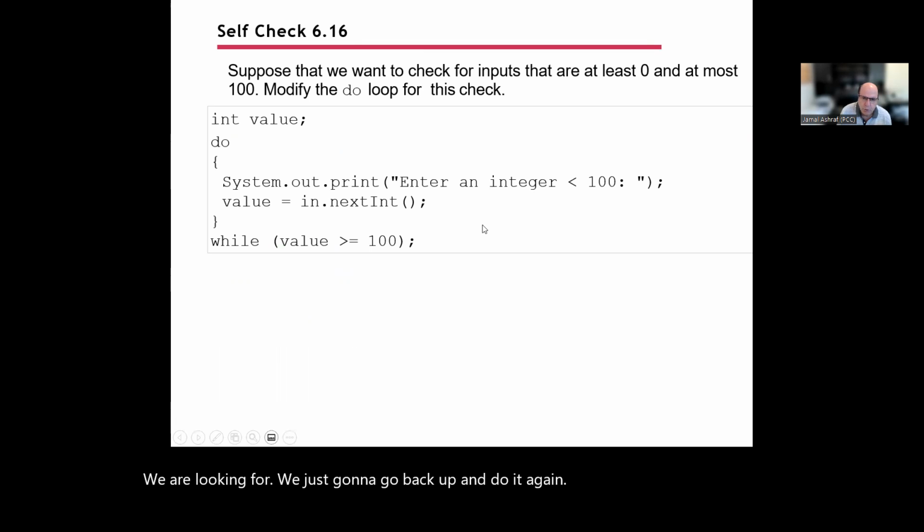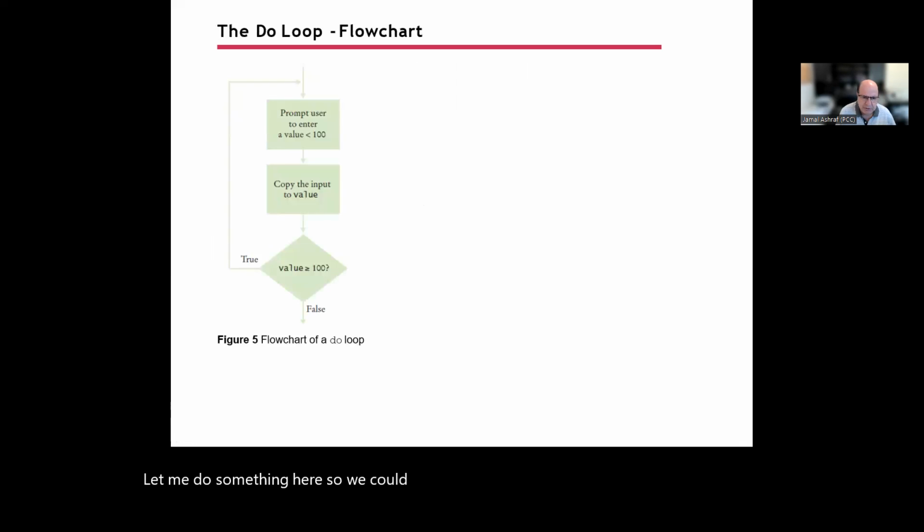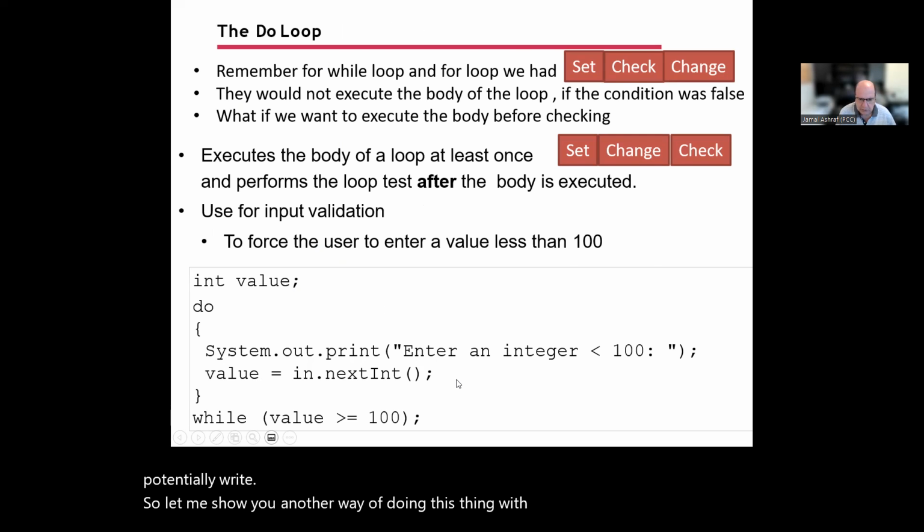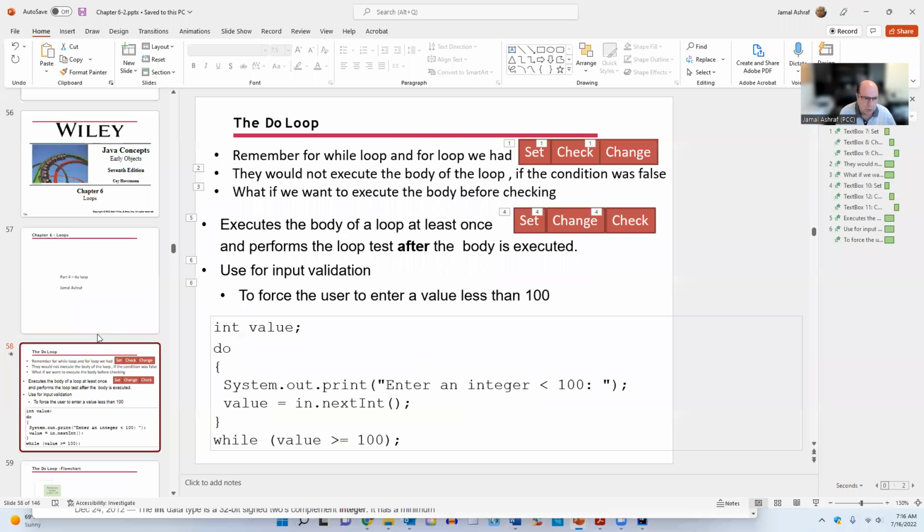Let me do something here. We could potentially do the same thing in the while loop. Let me show you another way of doing this with the while loop that I am used to.